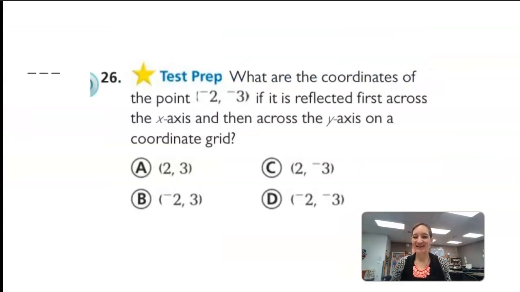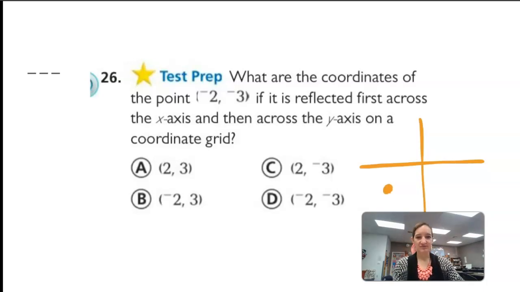All right, now we're going to see how well you do. What are the coordinates of the point (-2, -3) if it is reflected first across the x-axis and then across the y-axis? Go. Draw it, figure it out. All right, let's see what you did. You could just draw a fancy coordinate grid like this. Go (-2, -3).